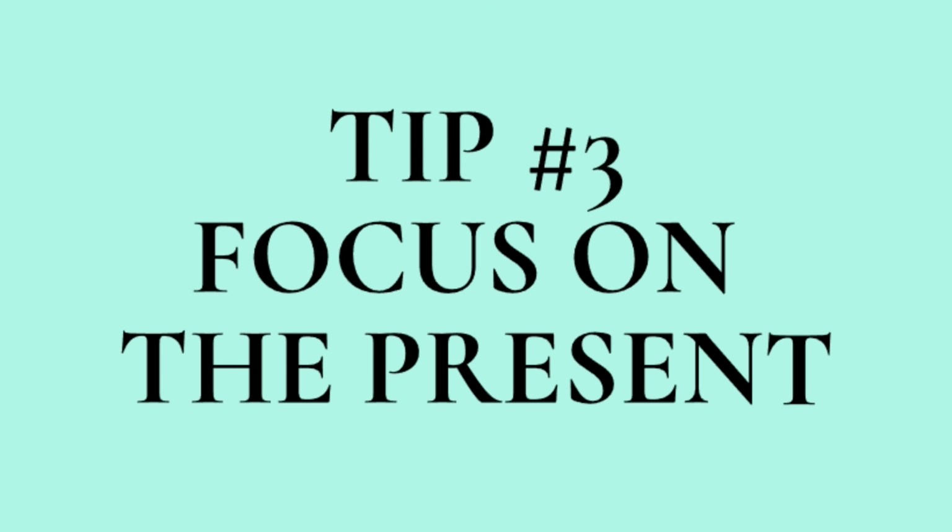Yes, books are different, but at the same time, they do employ the same strategies to move the story along. And so that brings me to my next point, and that is focus on the present. The story that you're writing right now is happening in your character's life for a reason. It's happening right now in their life. It doesn't matter what tense you're using, if you're using first person present or anything like that.